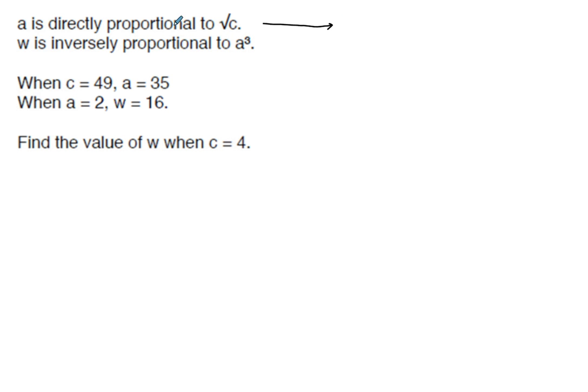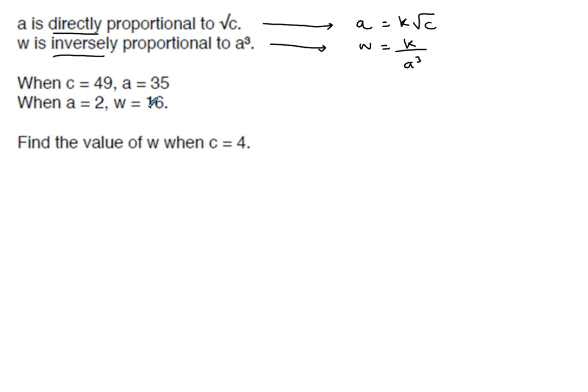A is directly proportional to the square root of C. So A equals K square root of C, as simple as that. Yeah? W is inversely proportional to A cubed. So W equals K over A cubed. Okay? Yeah? Then it says when C is 49, A is 35.